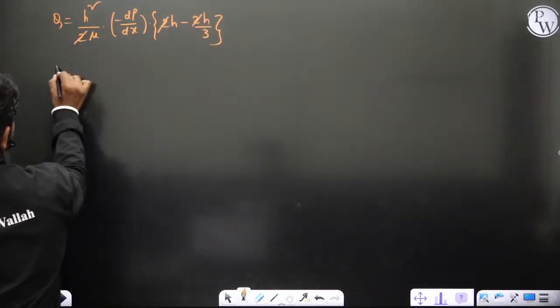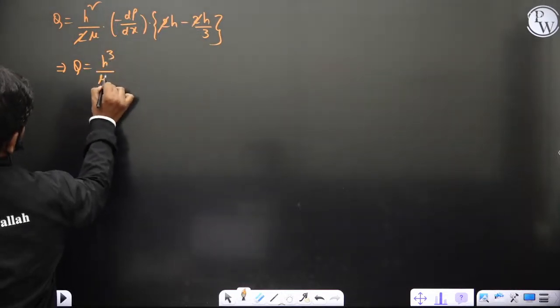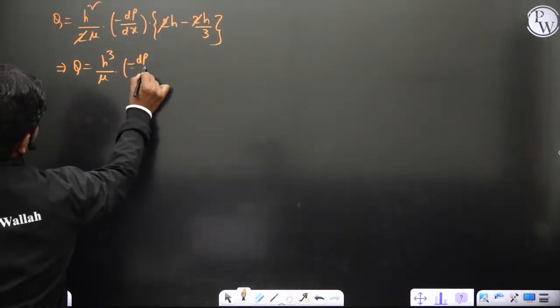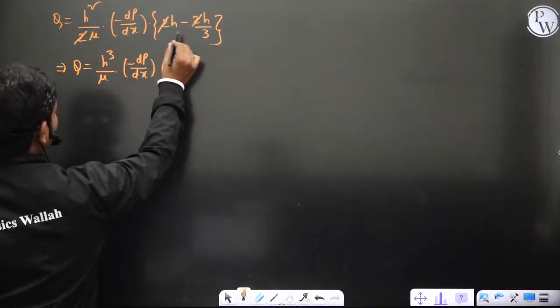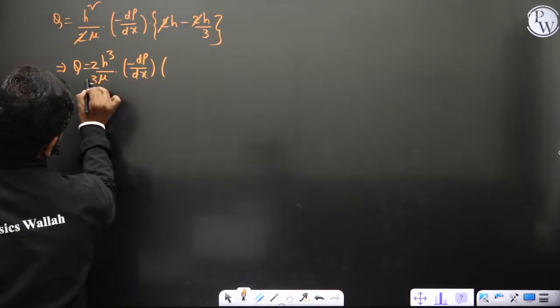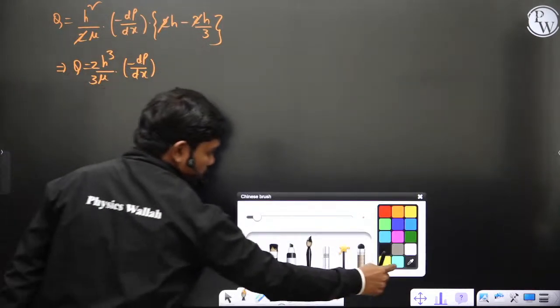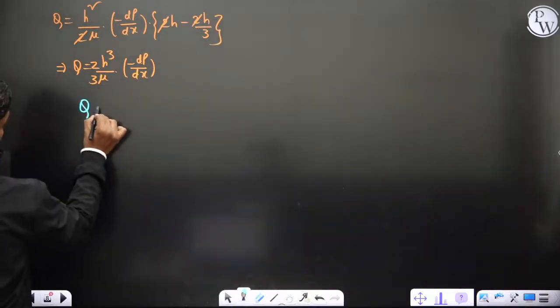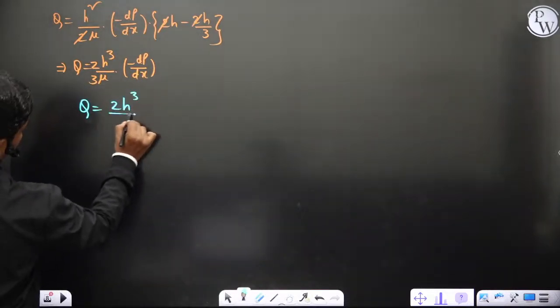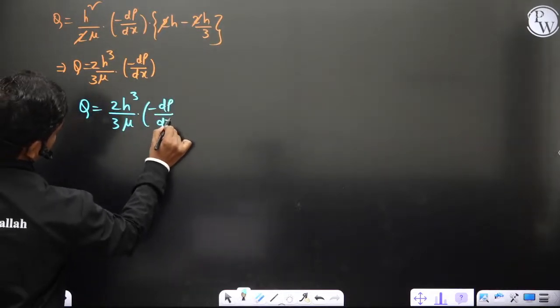Q is equal to h cube by mu into minus dp by dx into, taking h out, 1 minus 1 by 3, which is 2 by 3. So the discharge flowing through the channel is 2h cube by 3 mu into minus dp by dx.